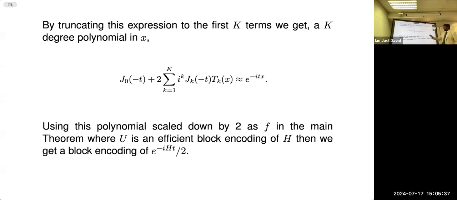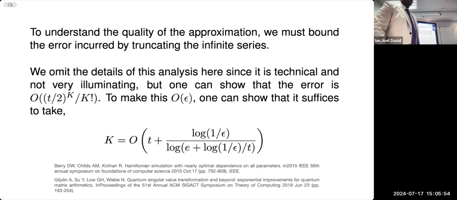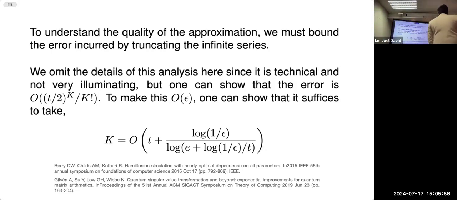So if U is an efficient block encoding of H, then we can get a block encoding of e to the minus iHt over 2 using only K applications of U and U dagger as per the theorem that we have. We can then study the complexity, but of course it's very complicated. There are two papers that I'll point you to to look at the analysis, but we can just talk about what the error is and how it scales.